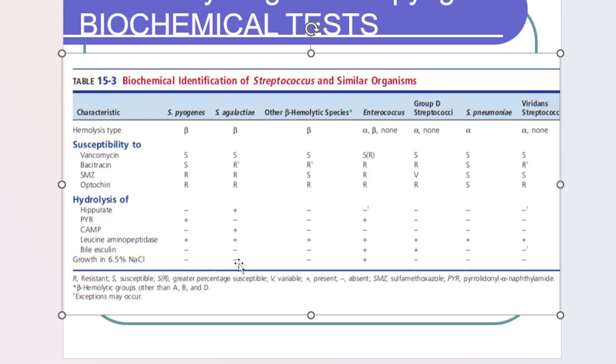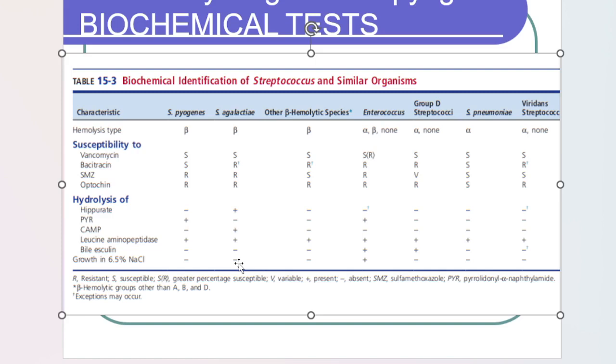However, I also looked in some books, and yes, some strains of agalactiae grow in 6.5 NaCl. However, this is not commonly used to differentiate pyogenes and agalactiae. It is not what is used to differentiate. Usually, what is used is bacitracin and CAMP.